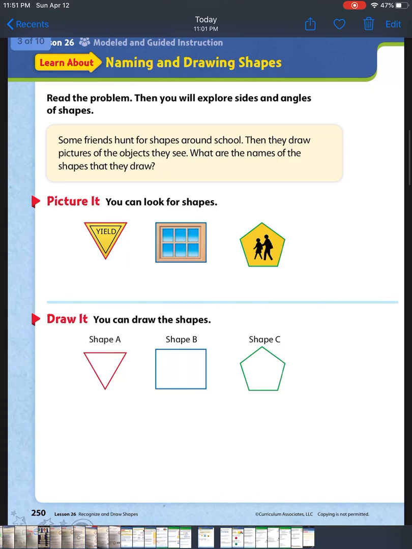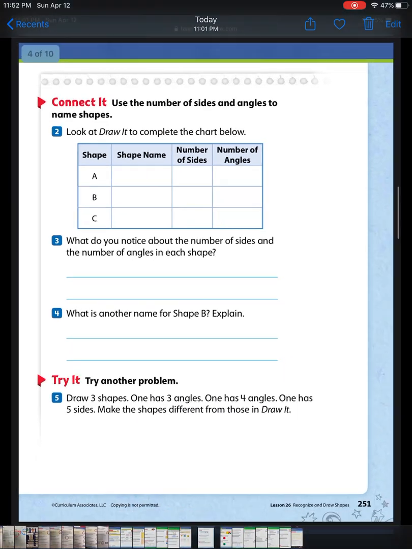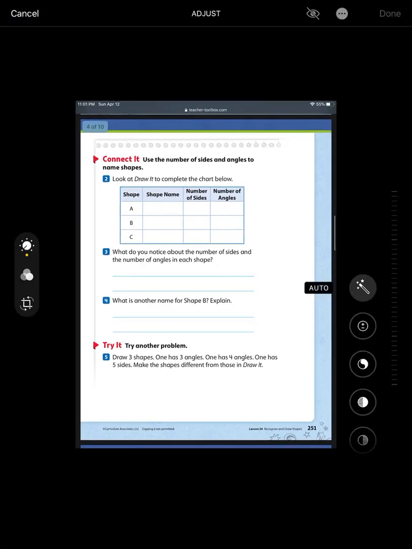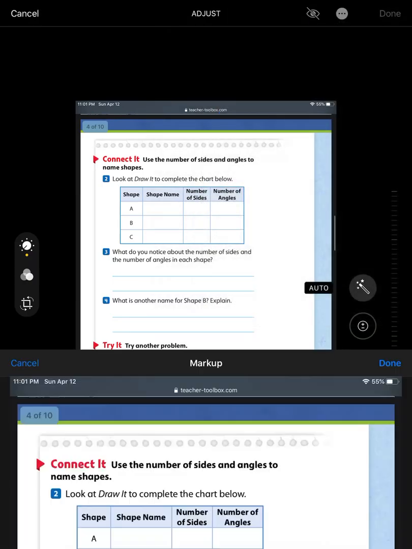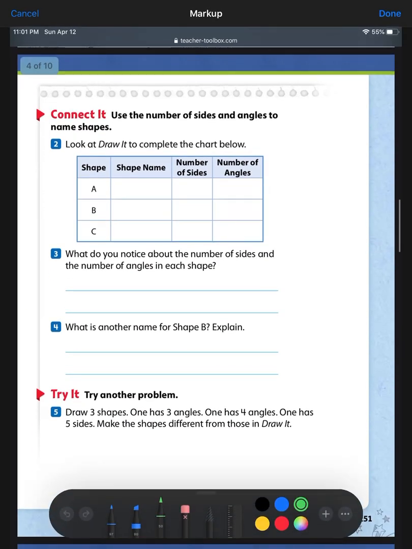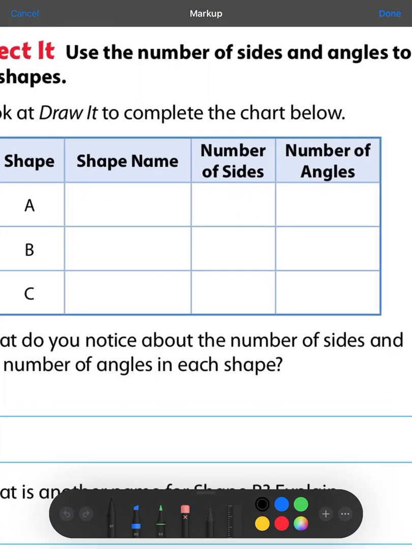There we go. Shape A. Shape A looks like a triangle. It has 3 sides and 3 angles, and we know that that means it's a triangle. So let's go back to the next page and write that down. All right, let's get our marker, and we are going to write that first shape is a triangle.